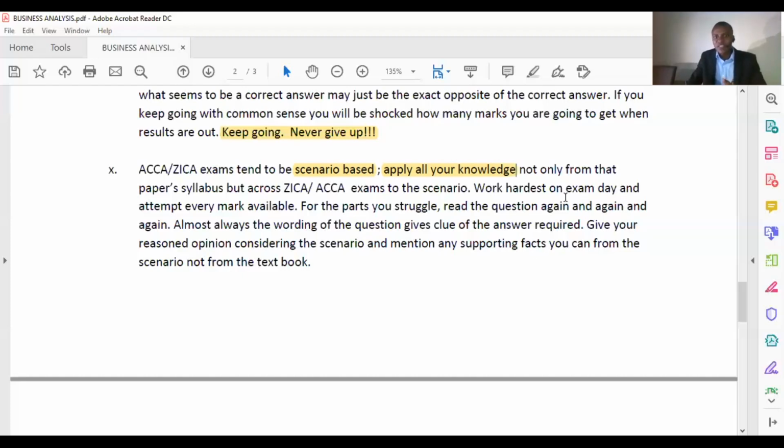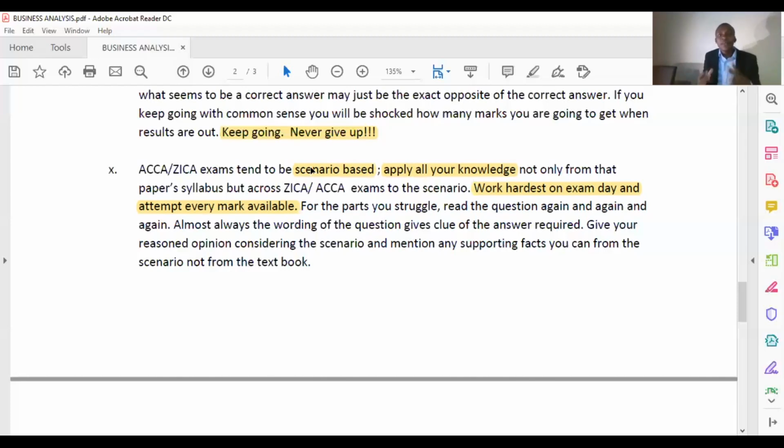I want to mention, as I've indicated here, that you should work hardest on exam day, and please be able to get every mark that is available. Attempt every mark. Don't lose hope. Even if you don't know it, just use common sense and write something. You'll be shocked how many marks you'll be able to get. But if you say, no, I've never seen this, you're too scared, you stop, you jump, no. Even if you've never seen it, this exam is practical.